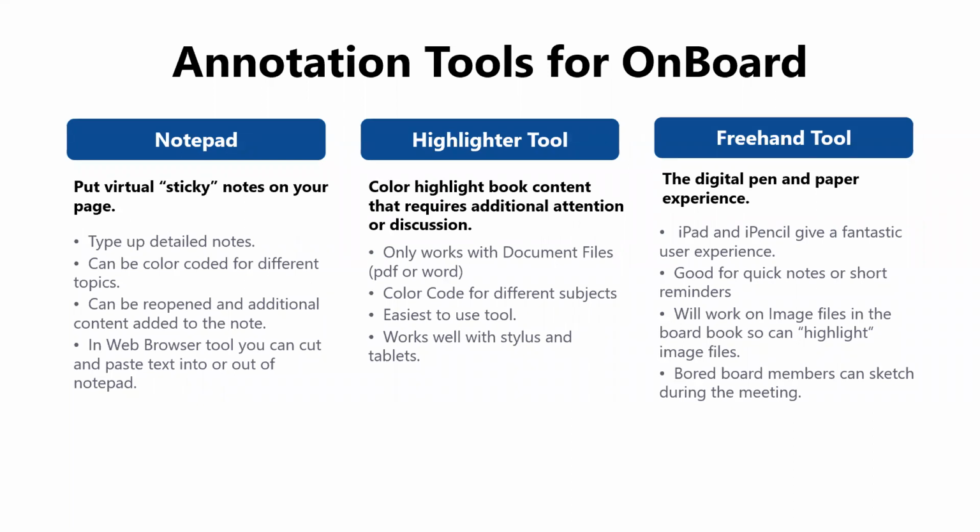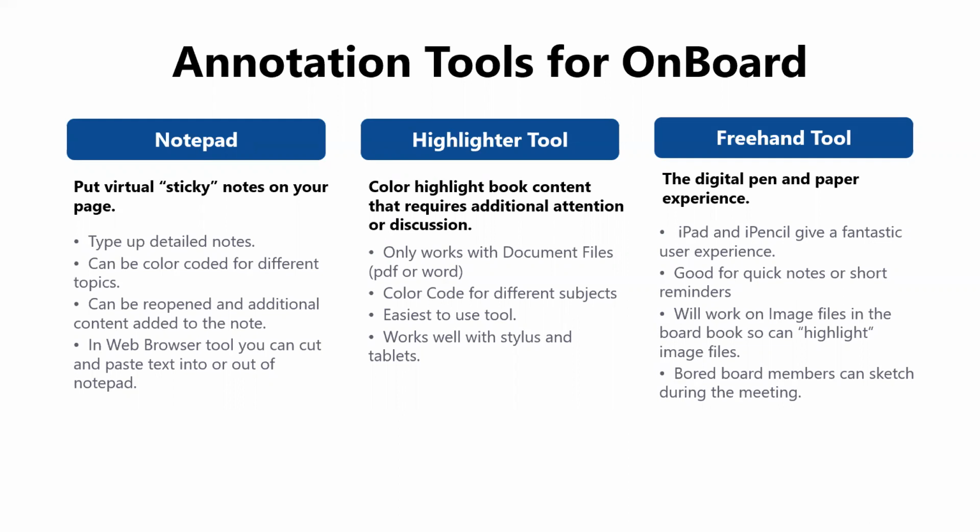Highlighter tool, pretty self-explanatory. If you've used a paper board book and ever taken a highlighter to it, it can also be color-coded for whatever you're working with. It's important to know the highlighter tool is only going to work with document files inside of OnBoard.